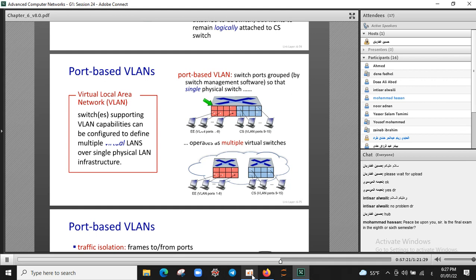If you configure some switches, for example, Cisco switches, you can see that you must enable VLAN, define a VLAN, and then assign different port numbers of the switch to that VLAN.